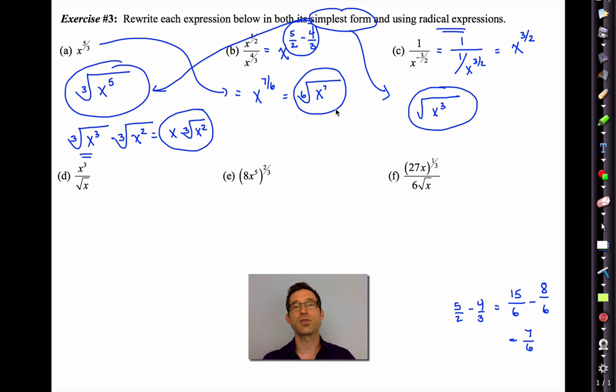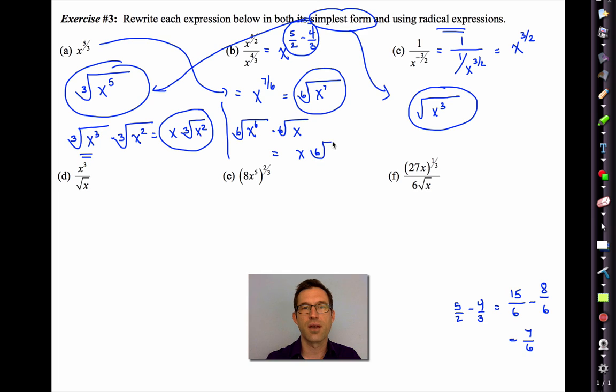And I can do this actually on each one of these problems. So for instance, in this problem, I can write this as the 6th root of x to the 6th times the 6th root of x to the 1st. And that's just going to be x times the 6th root of x. Isn't that weird? Very similar here, actually, almost identical.